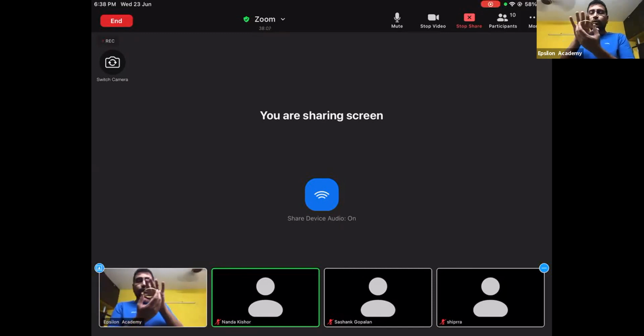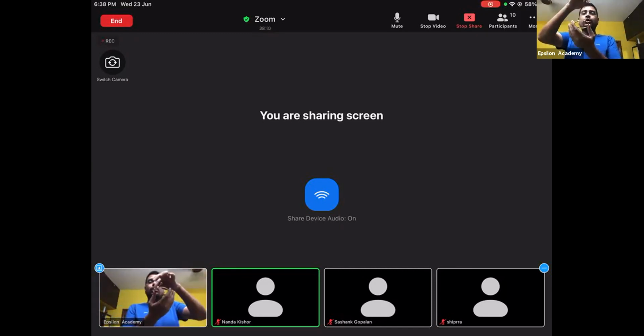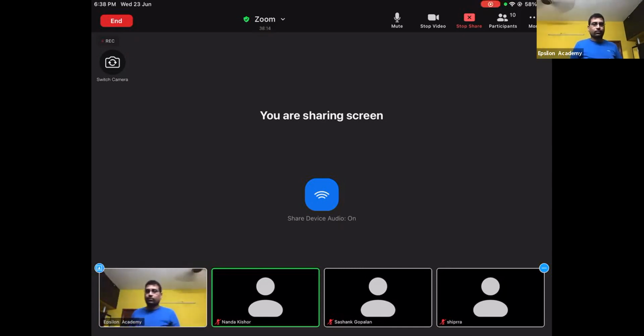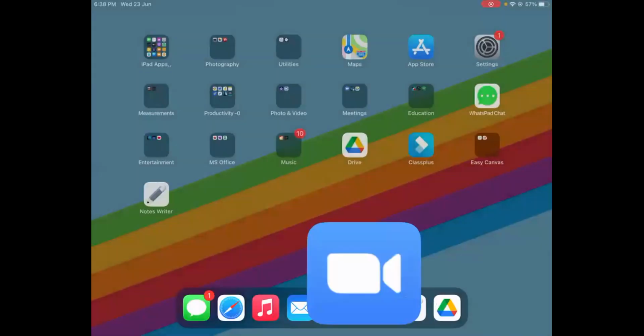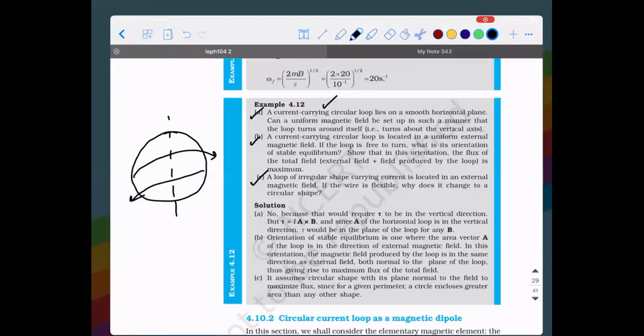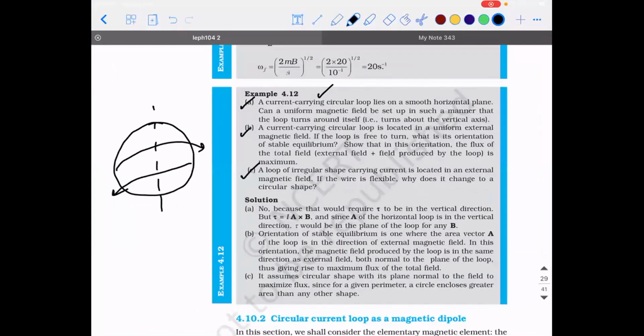So if this coil has to turn in this direction, then torque should act here and torque should act here. Let me read the question again. A current carrying circular loop lies on a smooth horizontal plane. Can a uniform magnetic field be set up so that it turns about the vertical axis?